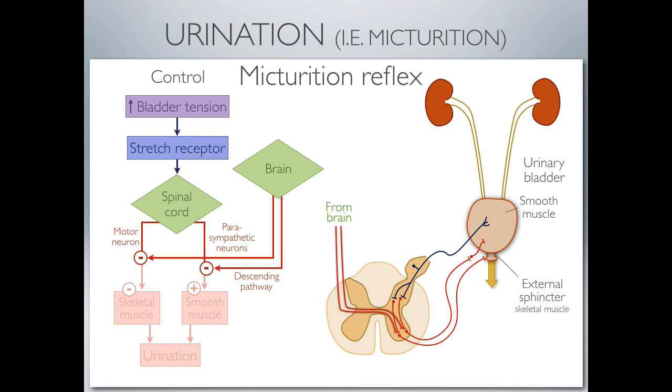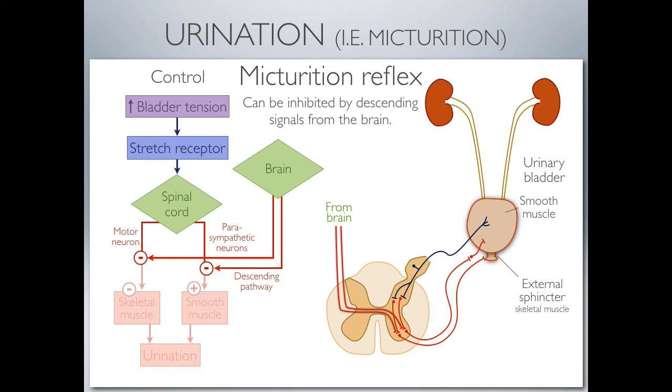As a consequence, the high frequency of action potentials is maintained for that skeletal muscle, and its tension stays elevated. In other words, it doesn't open up, and you don't pee when you're receiving these descending commands. So the micturition reflex can be inhibited by descending commands that emerge from the brain.